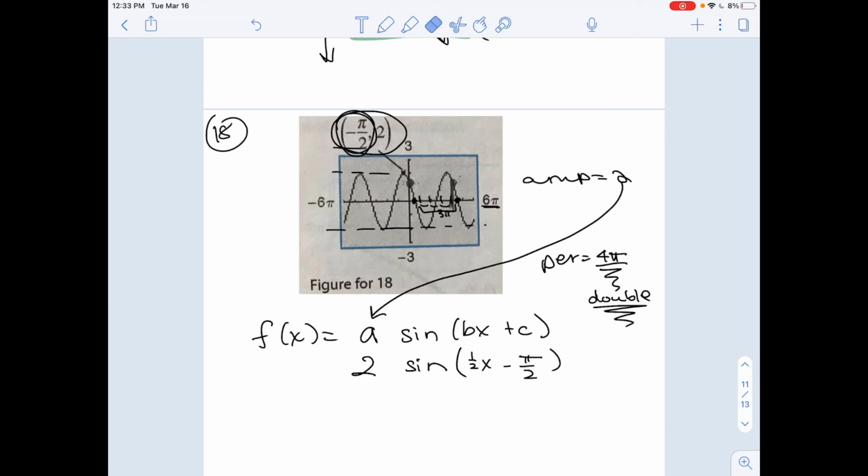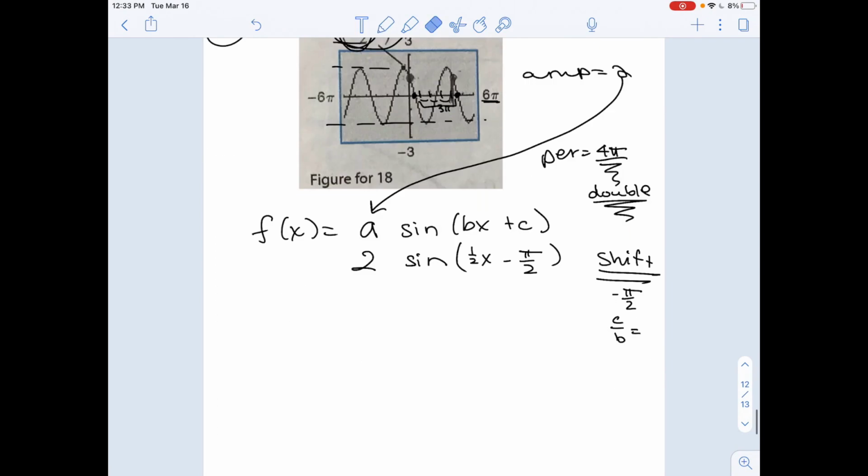and I need to fix the shift. Remember how we said the shift was a total of negative pi over 2, but remember that it had to be C over B, right? Actually, I was premature in saying that. So if the B value is 1/2, and I don't know what the C is, that means negative pi over 2 equals C, which I don't know, over B, which is 1/2.